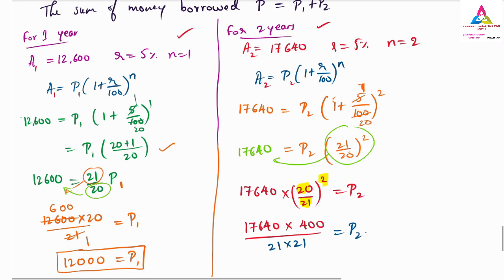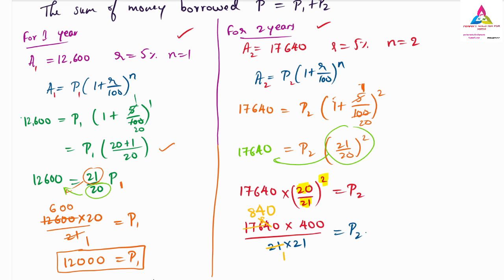So now let us see, 21 ones are 21, 21 eights are how much? 21 eights are 168. So 8 will remain, 84 it is. So 84 we have, 21 ones are 21, 21 fours are 84 and 0 we are going to get.